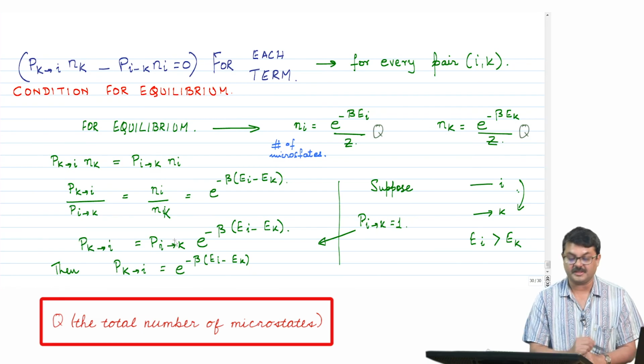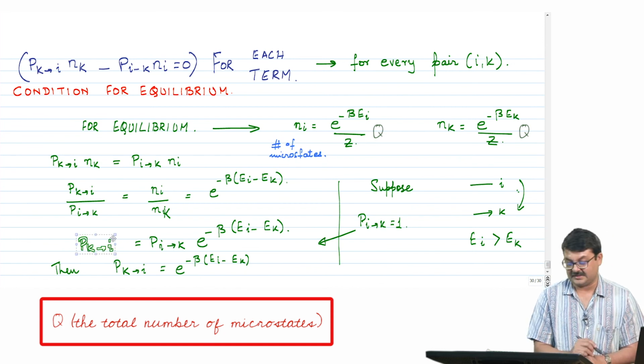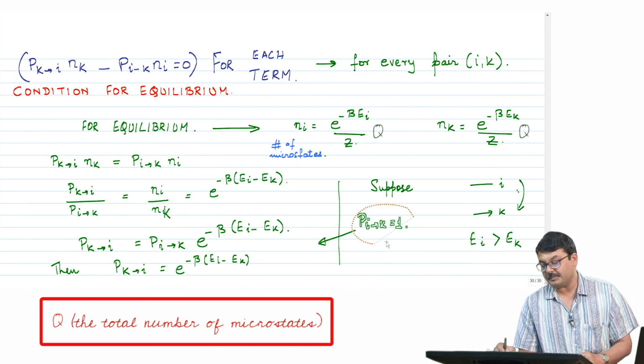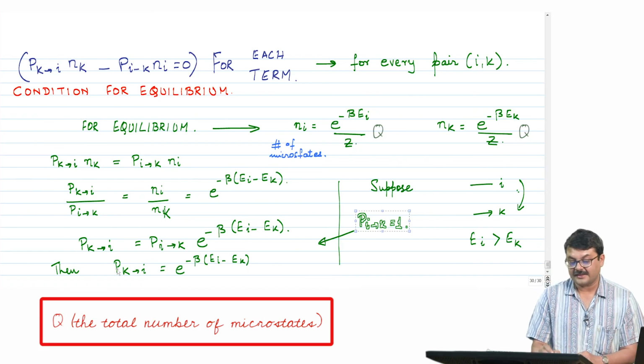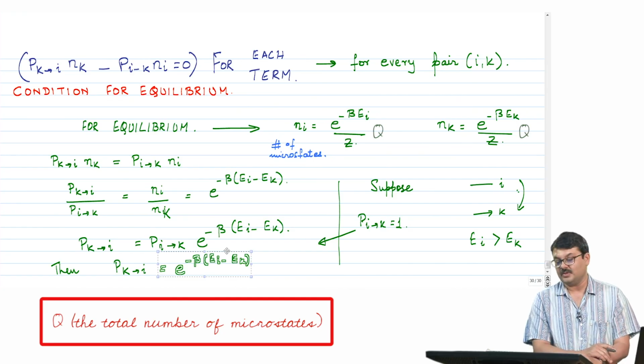We can fix it to be 0.5 or 0.25 or 10, and then immediately the value of this gets fixed. Here we have said let P_ik equal to 1, and then P_ki automatically gets fixed at this value.